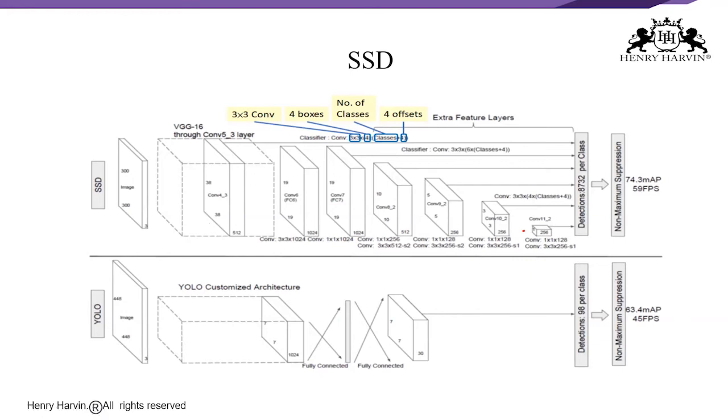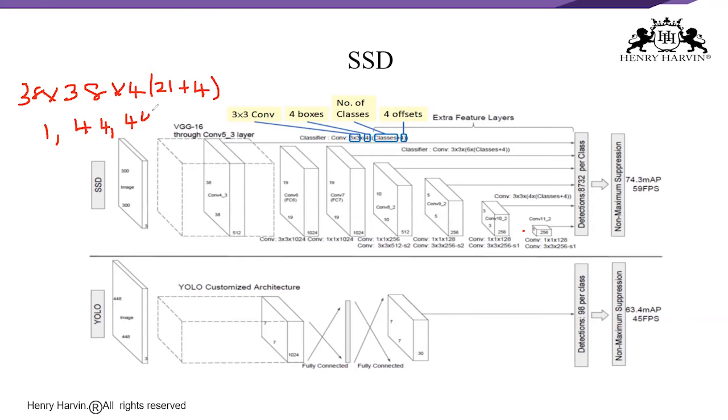So here the output will be 38 into 38 into 4 into (classes plus 4), where the classes count is 21. So 21 plus 4, which is equal to 1,44,400.